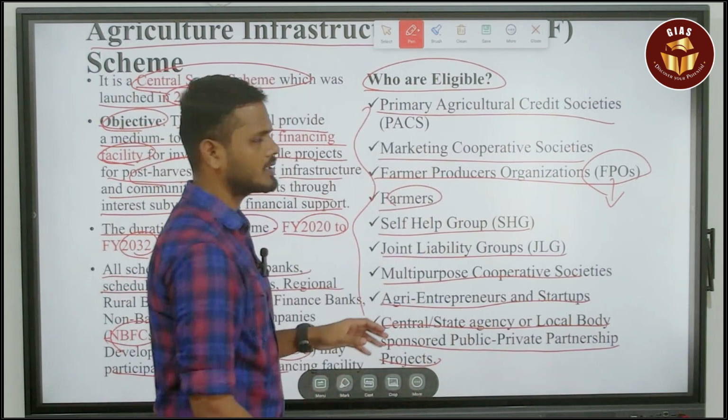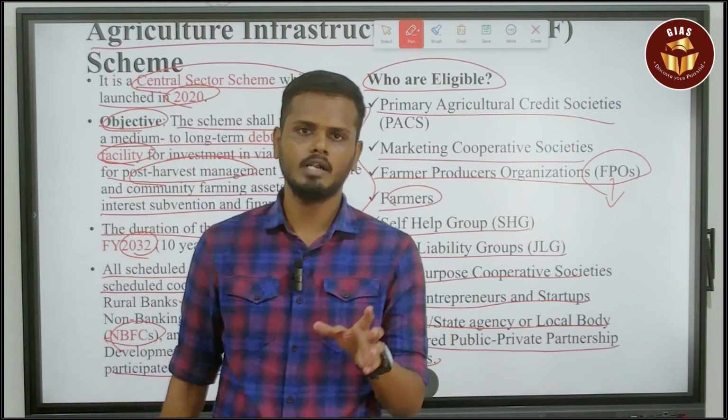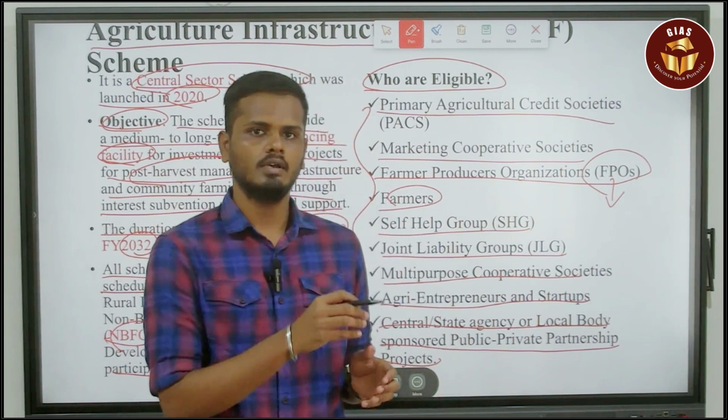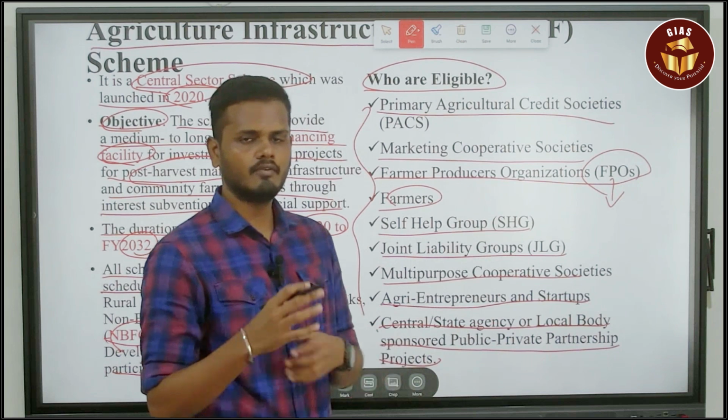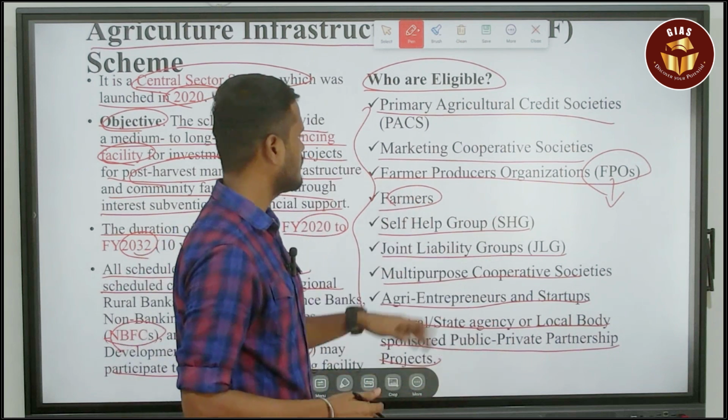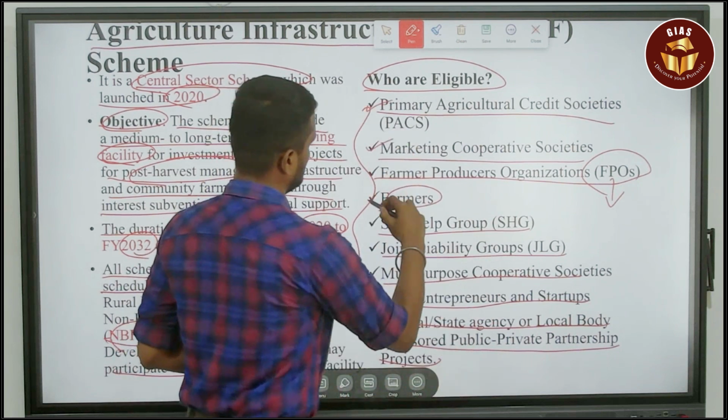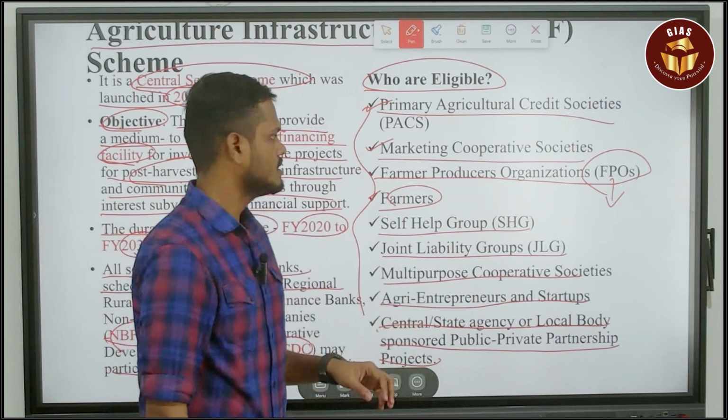This can be asked in the prelims as multiple choice questions, and maybe they will include some other organizations to confuse you. So you have to focus on these organizations or institutions.